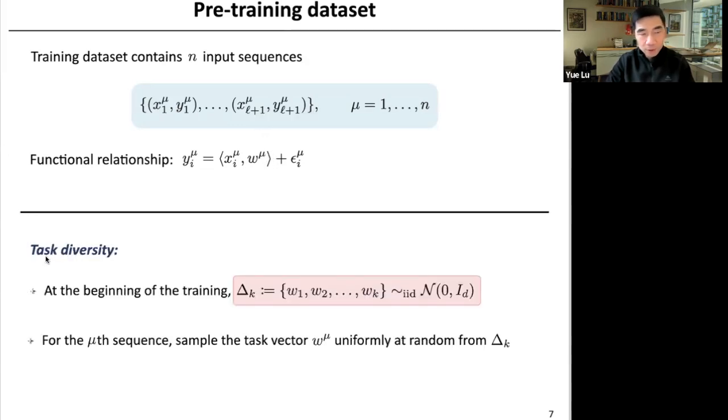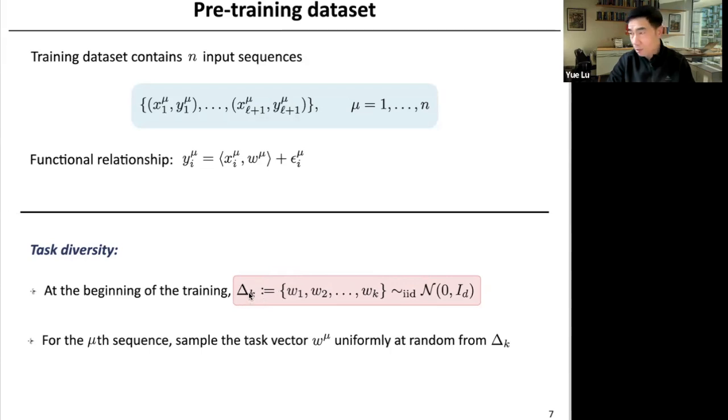And then we're going to introduce this concept, so-called task diversity. We assume that at the very beginning of the training, we sample k different task vectors, omega 1 to omega k, from the true probability distribution. We call this finite set of task vectors delta of k.